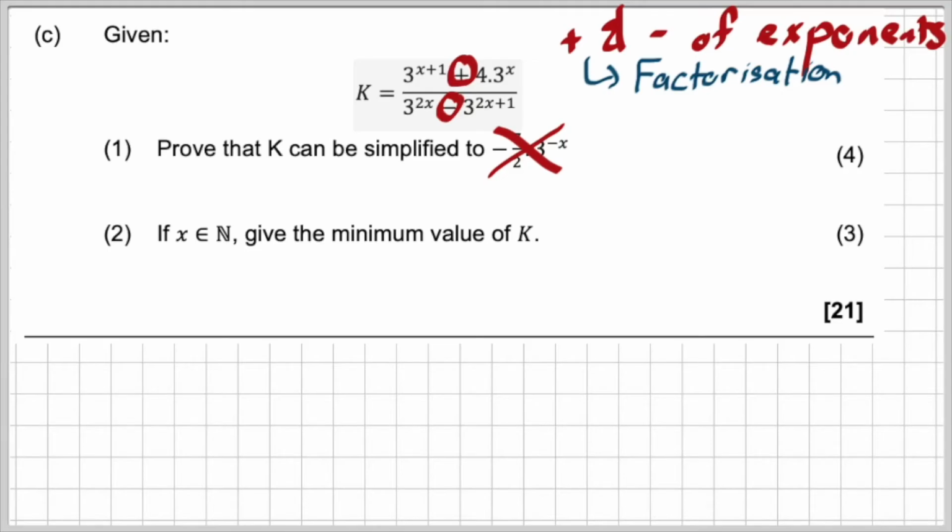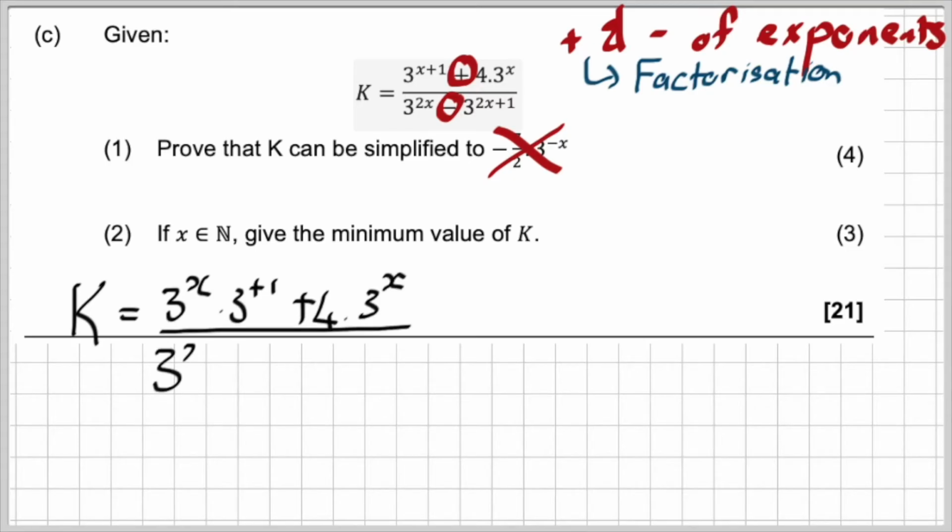So first of all, I'm going to split up my exponents. Now, this is not a necessary step, but it's a step that I love to do nonetheless. So in other words, I split that 3 up there and that 3 up there, okay? Why do I do that? Because it makes my factorization easier.